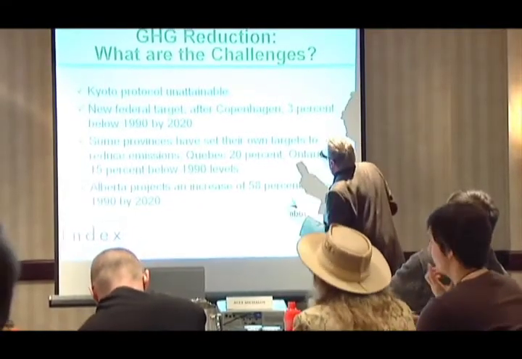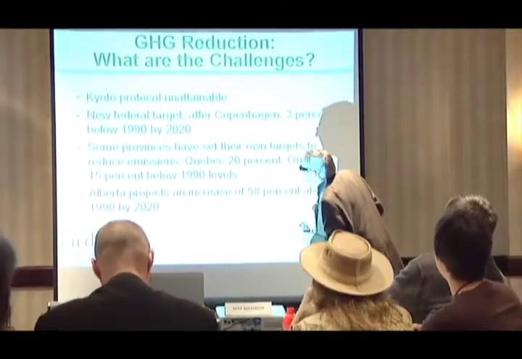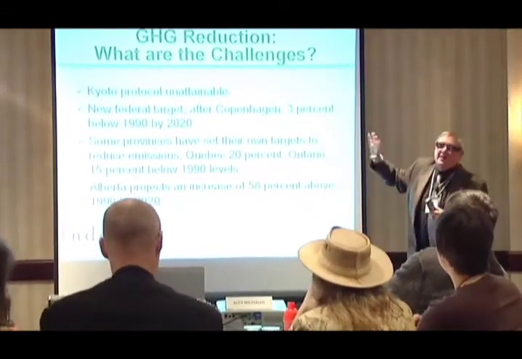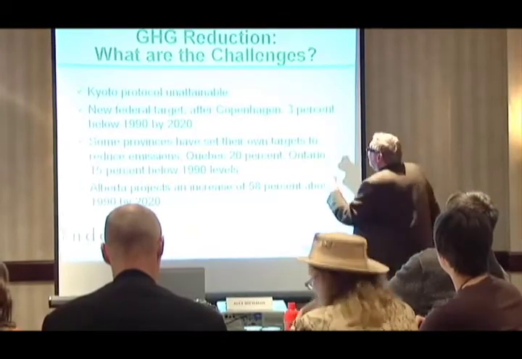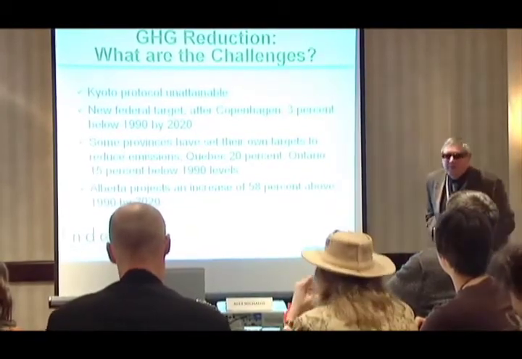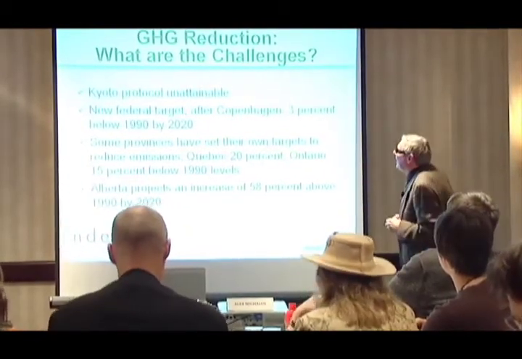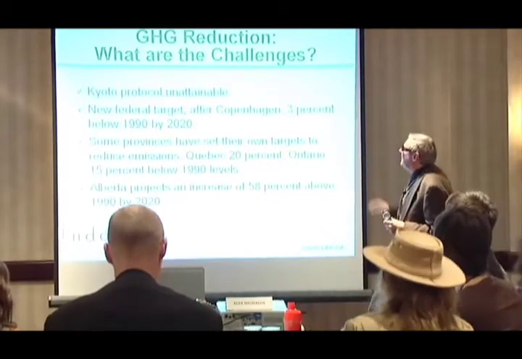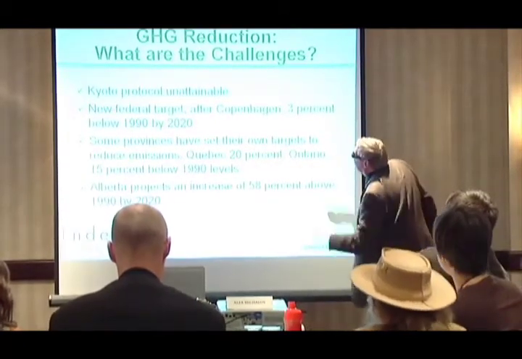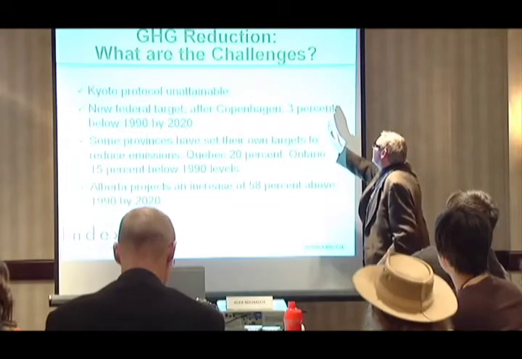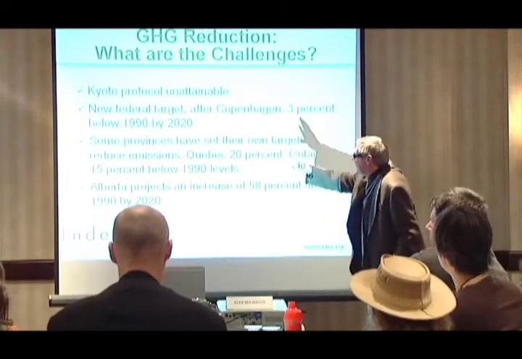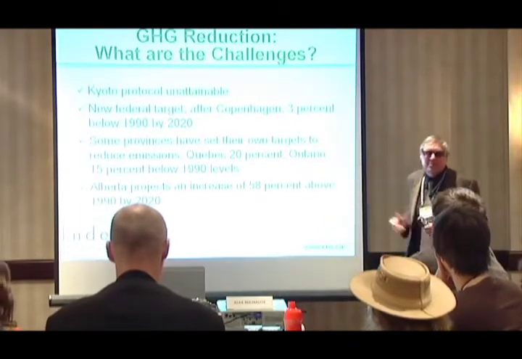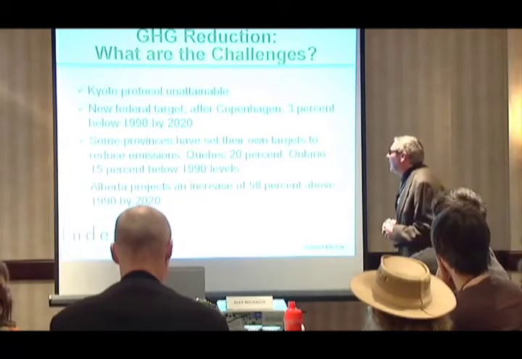Okay. Now what are the challenges here? Well, we know that Kyoto is unattainable, but in Copenhagen, our Prime Minister went there and said we can reduce greenhouse gas emissions 3% below 1990, not by 2012, but by the year 2020.